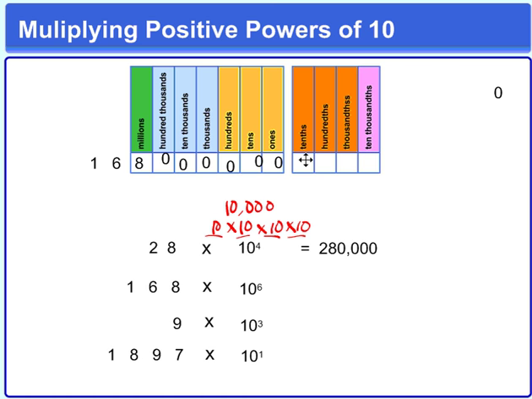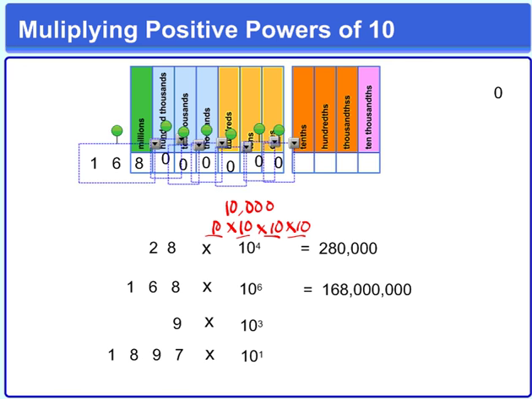Just like that. And so our answer is then 168 million. And you can see that 168 million is 1 million times larger, or 6 times larger.